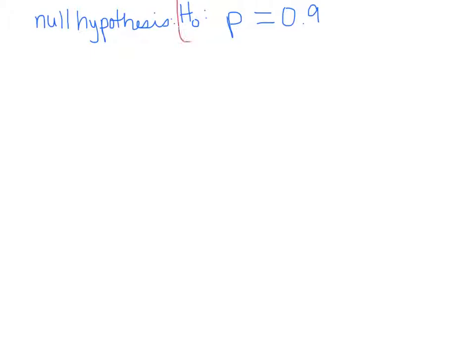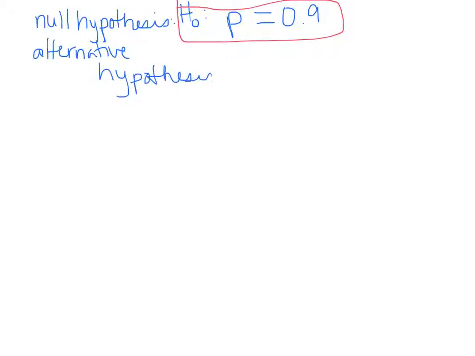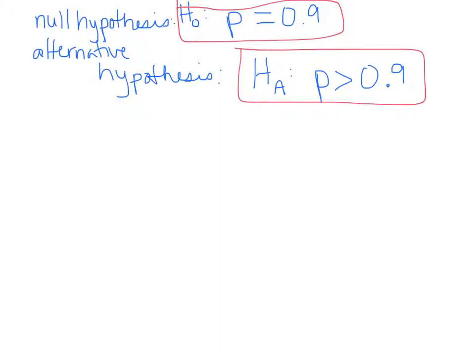So this would be how we write our null hypothesis. Now our alternative hypothesis, which we're going to write as H with a subscript of A, is going to be that the proportion of smoke detectors in the city is going to be greater than 90%.